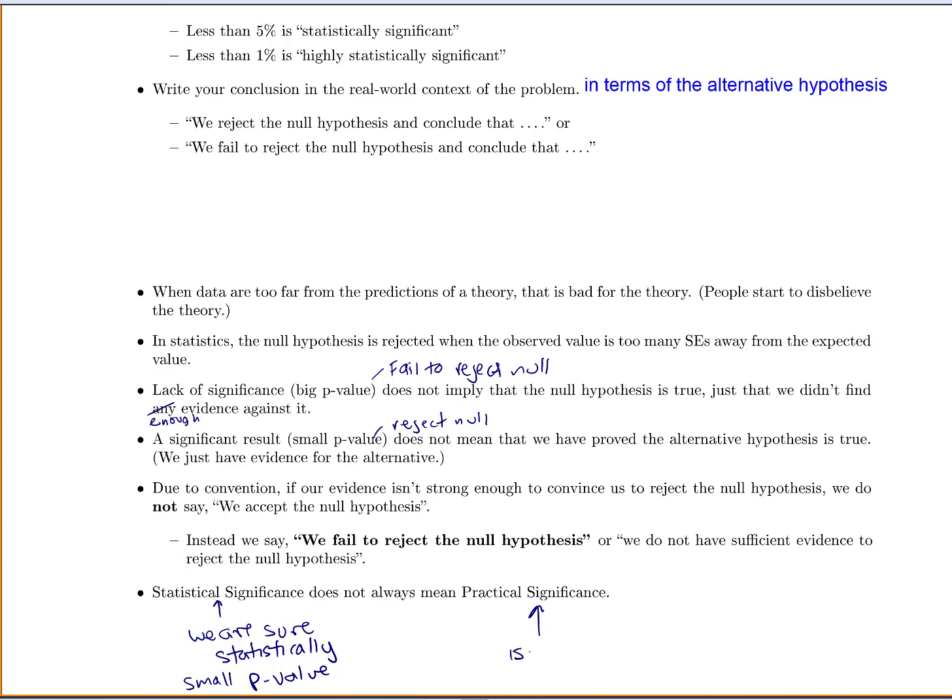Practical significance means, is it a big enough difference to actually matter to anyone in the real world? Because sometimes you might have a difference of only like 0.1 and you might be really sure that it's a true difference, but does that really matter? It's not a big enough difference to mean anything to anyone.